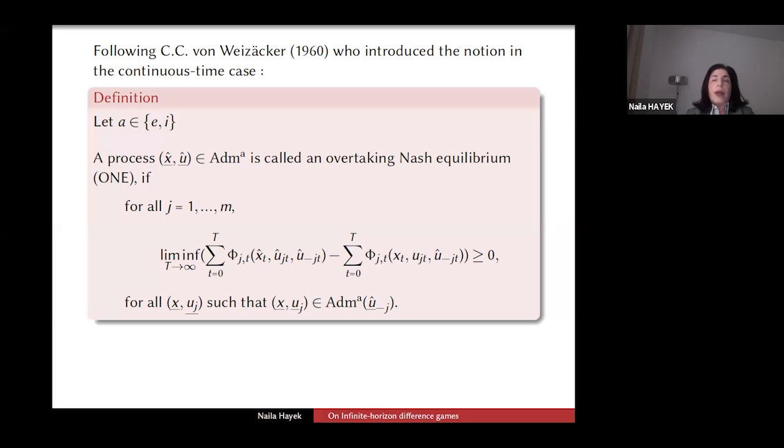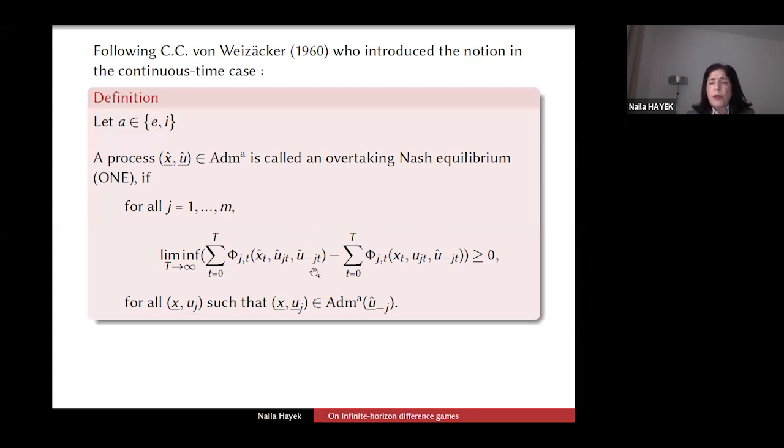So for A in E or I, an admissible process x hat, u hat will be called an overtaking Nash equilibrium if for all j going from 1 to m, the lim inf of the difference of the finite sums is greater or equal to 0.